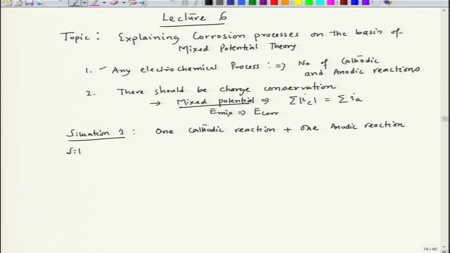Situation 2: two cathodic plus one anodic reaction.